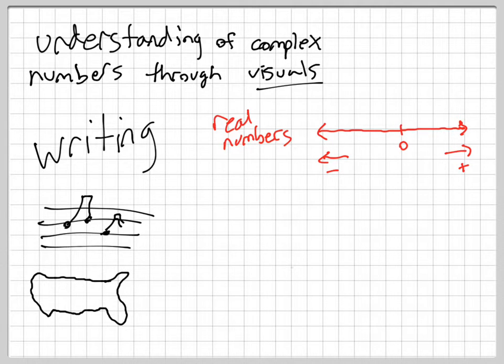And this is a powerful visualization because it allows us to see relationships between how real numbers fit together with each other. Like we can see that the real number -3 is closer to the real number -2 than it is to 0.